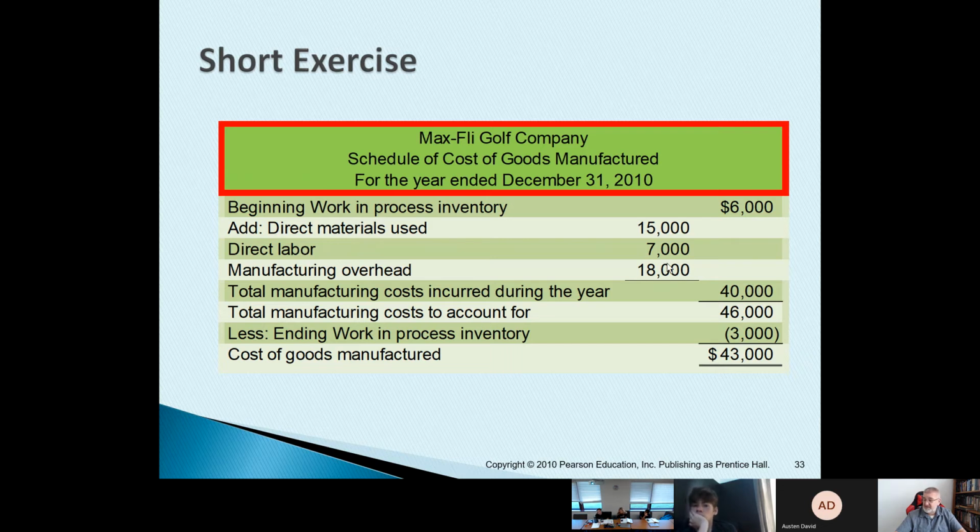This is what we added for the year, but we added towards the $46,000. Our work in progress inventory at the end was $3,000. So our total cost of goods manufactured for the year was $43,000. That makes sense? Okay.